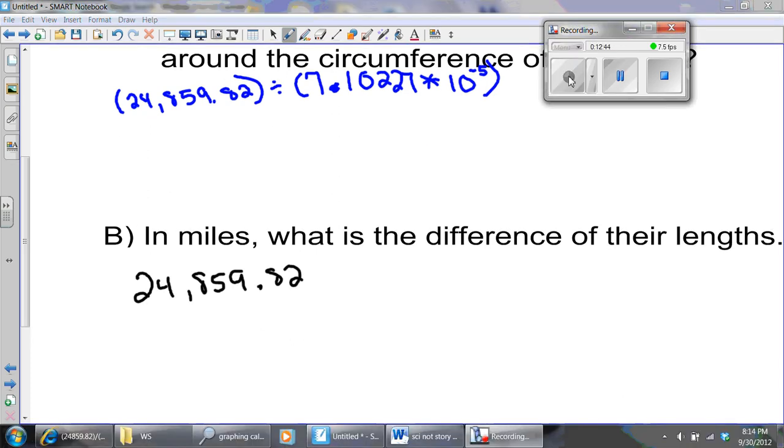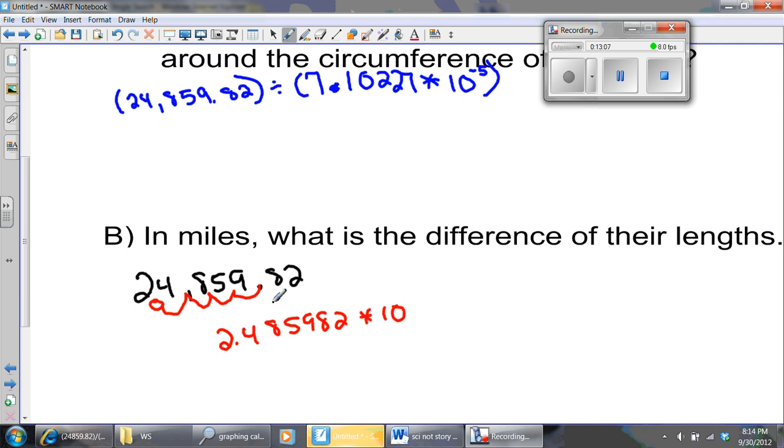I'm going to take this distance here and convert it to scientific notation. I need the decimal point to be here. So I'm going to divide by 10, 100, 1,000, 10,000, 100,000. So I'm going to get 2.485982 times 10 to the 4th power.